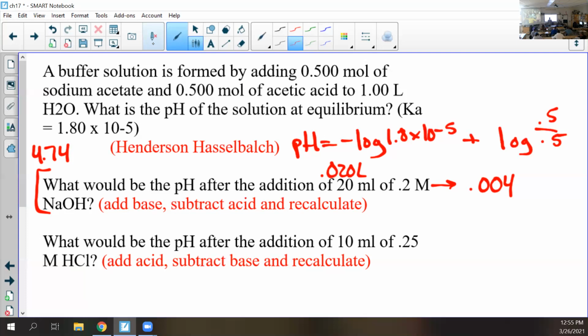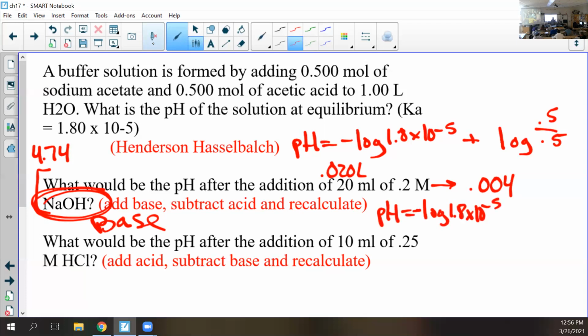All right. Now, this is base, right? Acid down, base up. So we have pH equals the negative log of the same thing, 1.8 times 10 to the negative 5, plus log of base goes up, right? 0.504 over 0.496, and then we're ready.